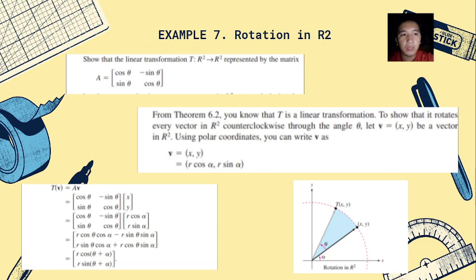Now, applying the linear transformation T to v, the vector T(v) has the same length as v. Furthermore, the angle from the positive x-axis to T(v) is α + θ, so T(v) is the vector resulting from rotating the vector v counterclockwise through the angle θ, as shown in the figure.